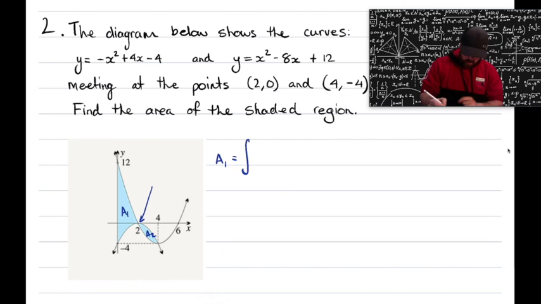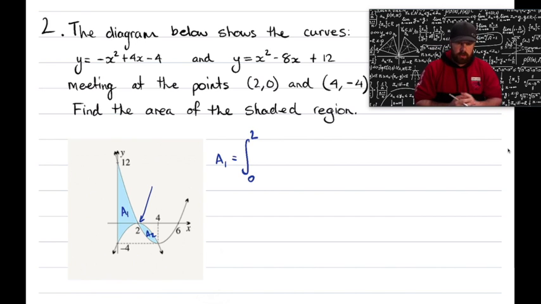So we know it's going to be between 0 and 2. We can read that from the graph. But what we need to ask ourselves here is which curve is on top. Because remember, the area between curves is always the top curve minus the bottom curve.